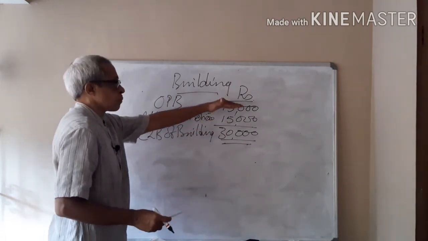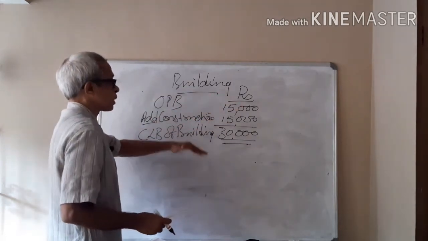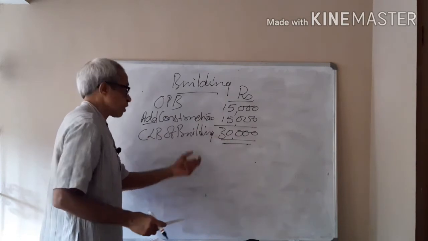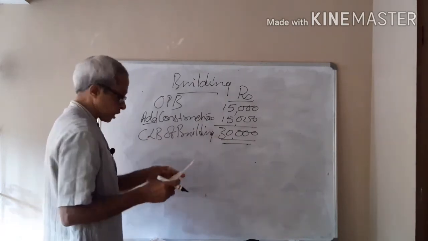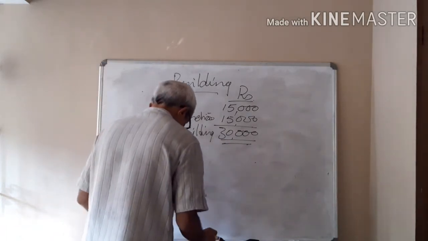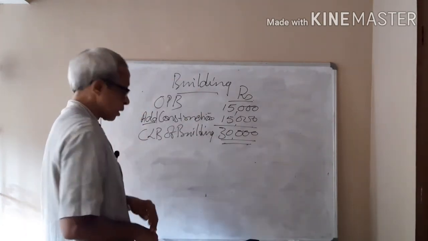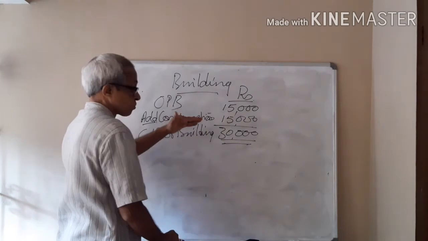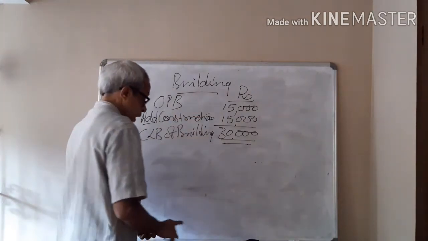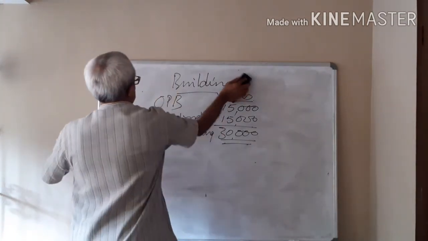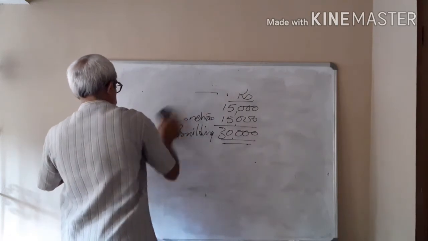That 15,000 should be added to opening balance of building. Then the resultant figure will be the closing balance of furniture during the year. These are the adjustments of this problem, and now we are going to write income and expenditure account.